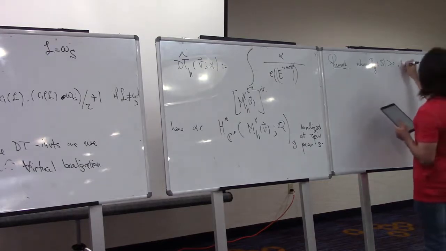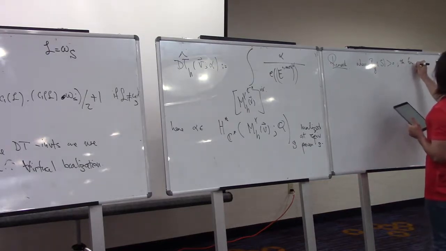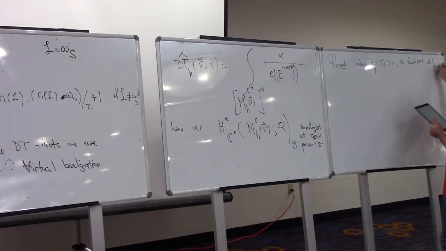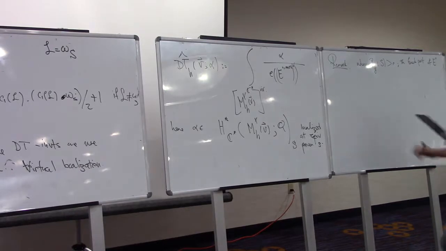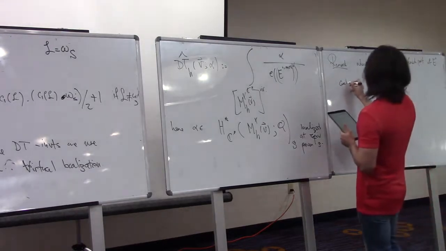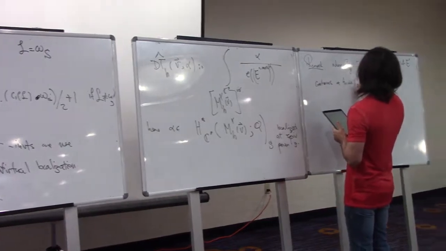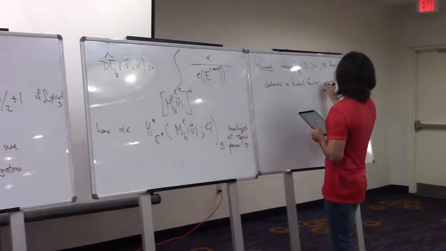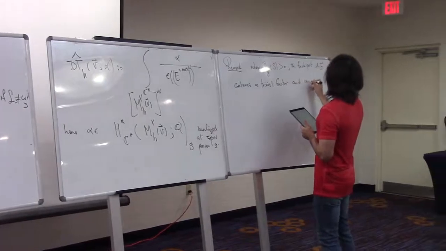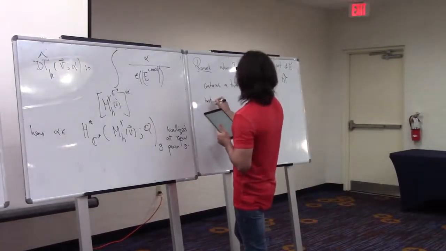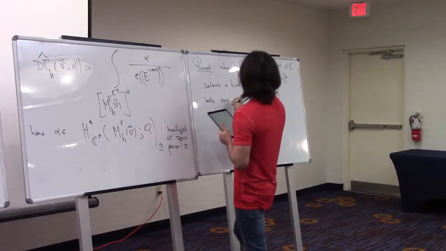So the fixed part of this object in the derived category, E dot, contains a trivial factor, and our dt hat invariants vanish.